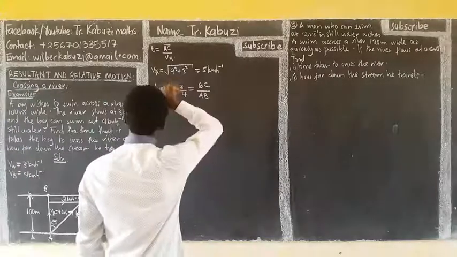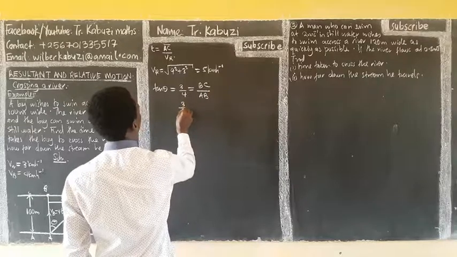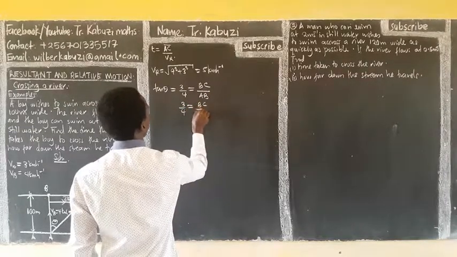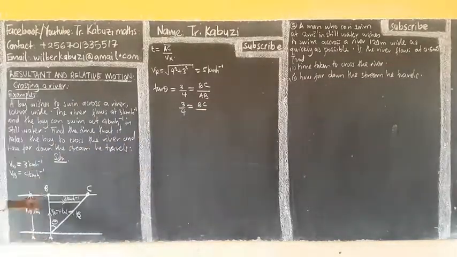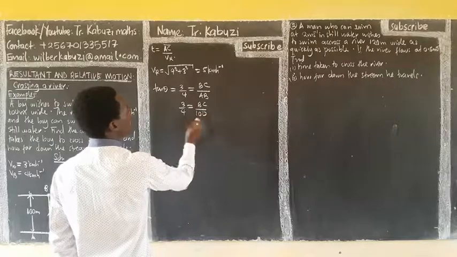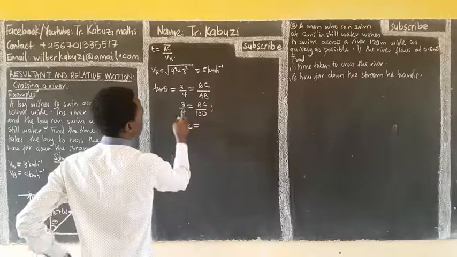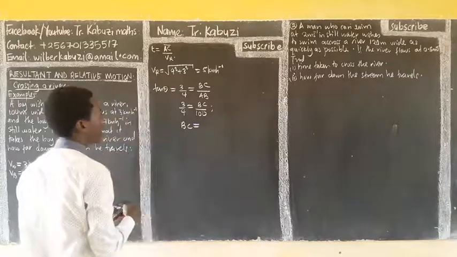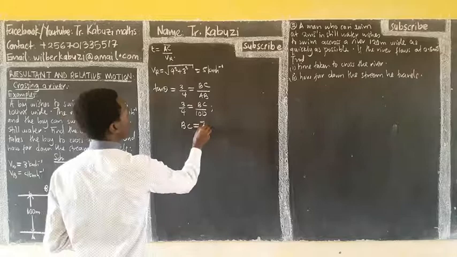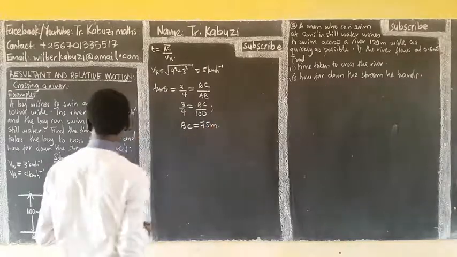So in simple terms, I have 3 over 4 equal to my BC, which I'm looking for, over AB, which is 100. I cross multiply, and I'll be having 3 times 25, which is 75 meters. So I have now BC.